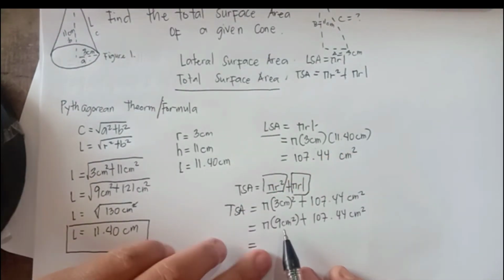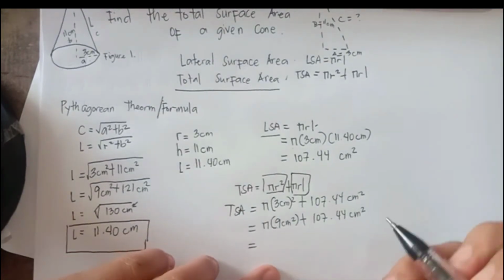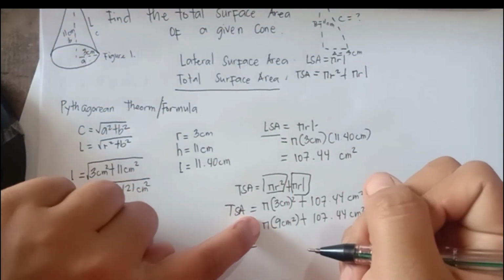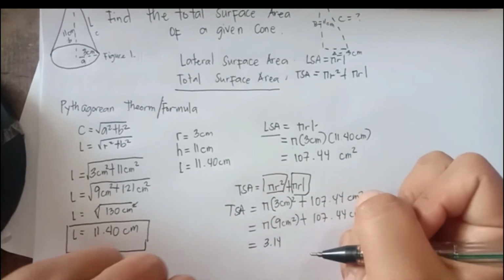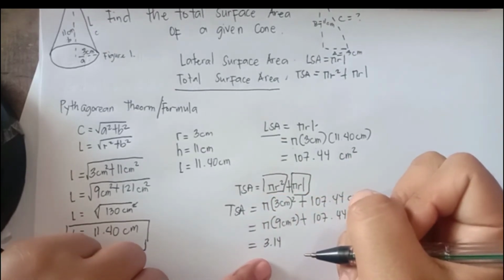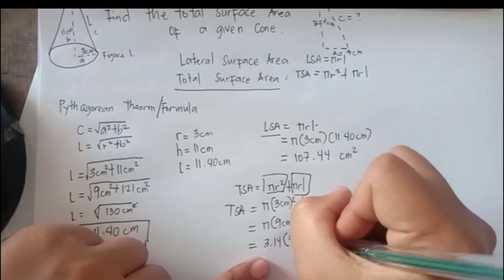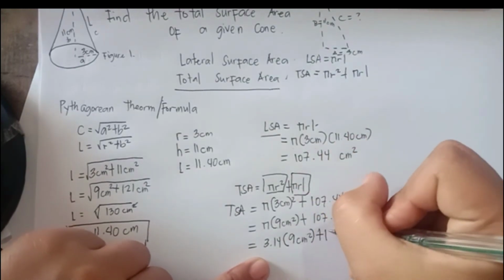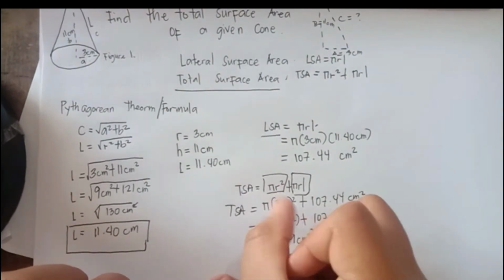Tapos, i-simplify na natin yung number. So, if we multiply the pi, i-simplify natin yung pi, magiging 3.14 9 centimeters squared plus 107.44 centimeters squared.